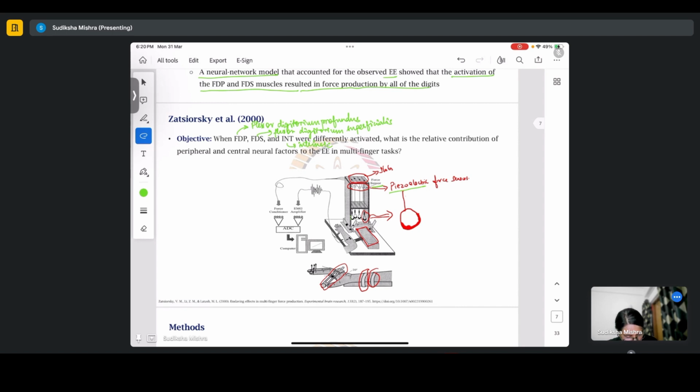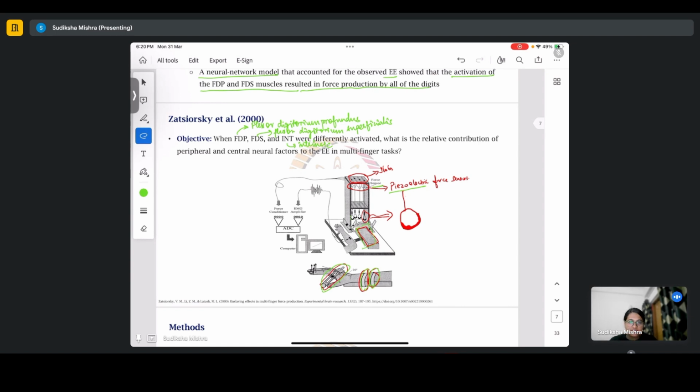There is also a board that holds the hand in place, and a pin that holds the forearm and the hand in place, so that the only force generation recorded is due to the fingers.